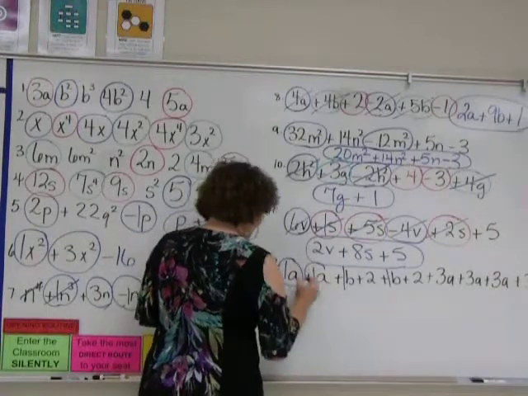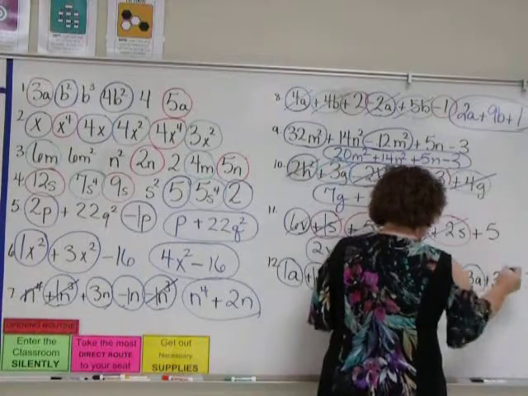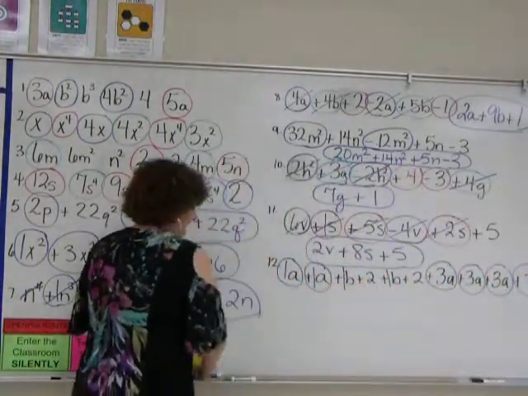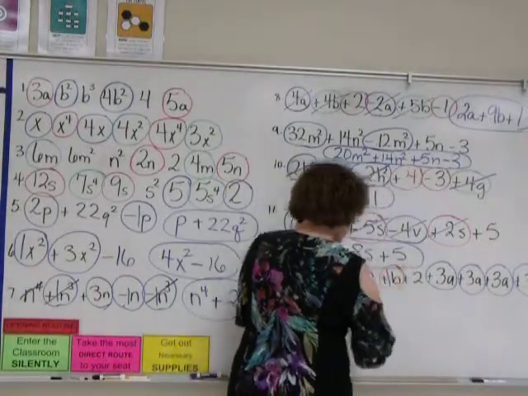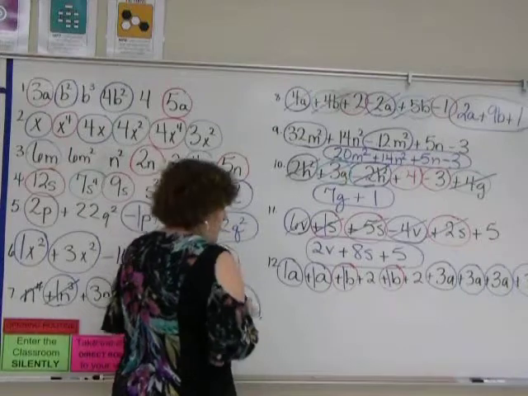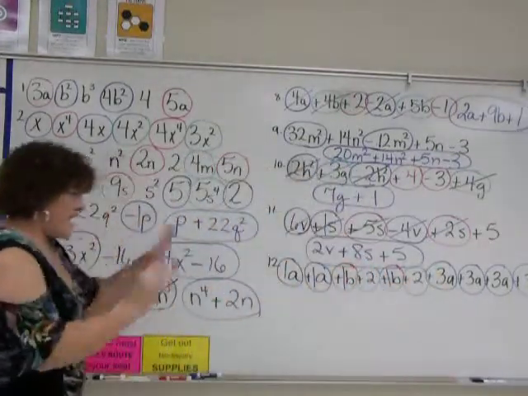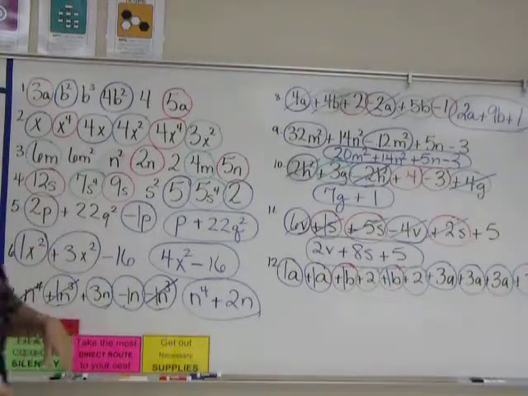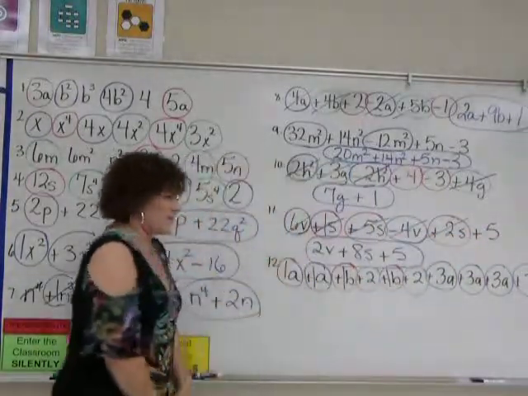So we have a's, and then we have b's, and then we have whole numbers. Everything could be combined. There wasn't just one thing like the 5 here that didn't have a like term to combine it to. Everything can be combined.